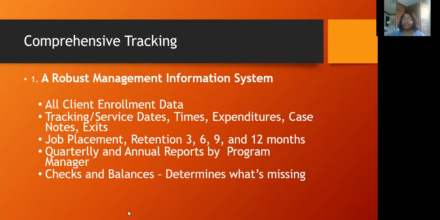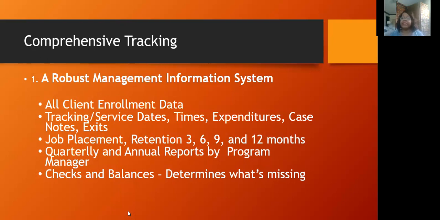They become checks and balances for you, so that your case manager who's looking at her MIS system 2, 3, 4 times a week, at the end of the week, when she checks that, she can say, oh, I've got problems. I need to go back and put that in. And so this checks and balances concept actually helps you so that you won't be behind.